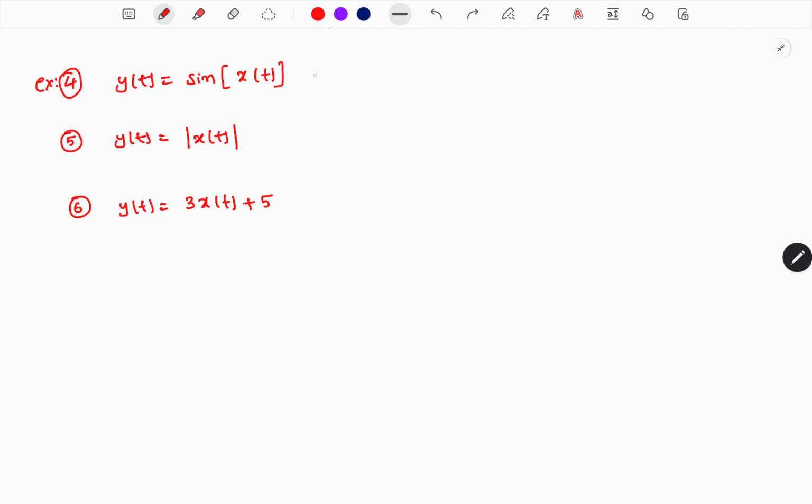Here x of t is the function of sine. If we do the procedure as we explained in the previous video, it doesn't follow the additivity condition.